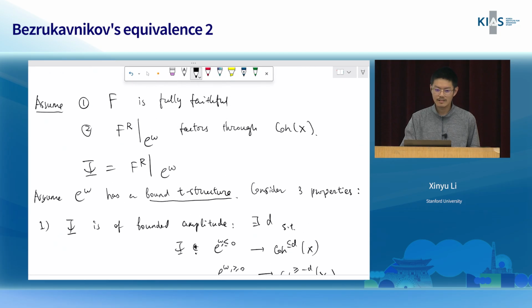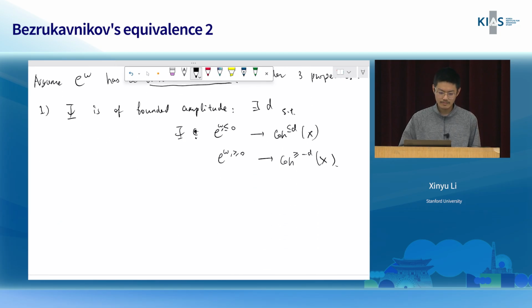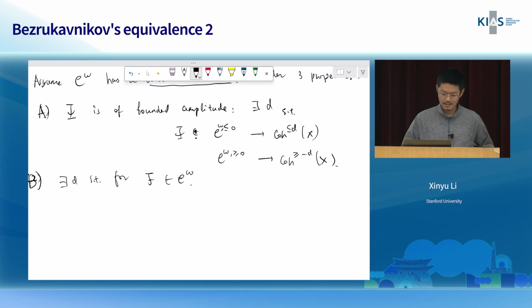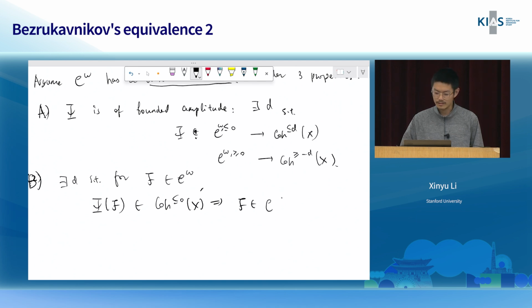Yes. This was denoted by A, this is denoted by B in his paper. So the second condition is: assume there exists some D such that for any object F in C^omega, if Psi F is connective, then F is not far from being connective.